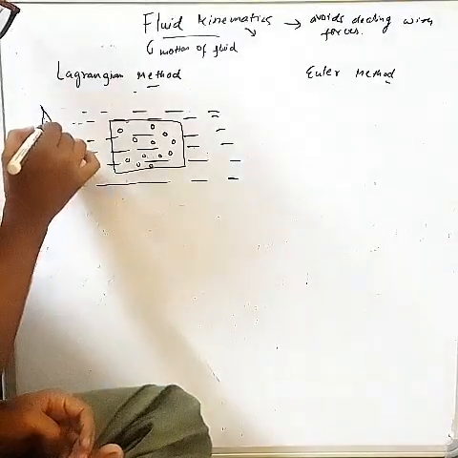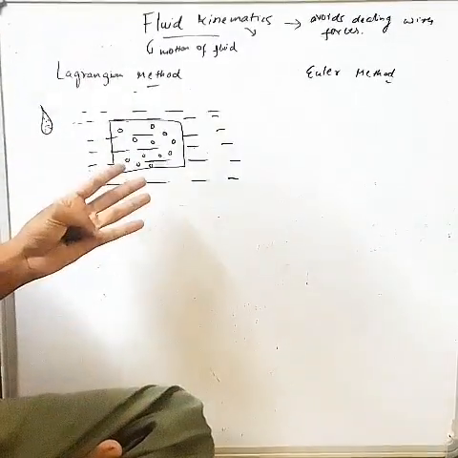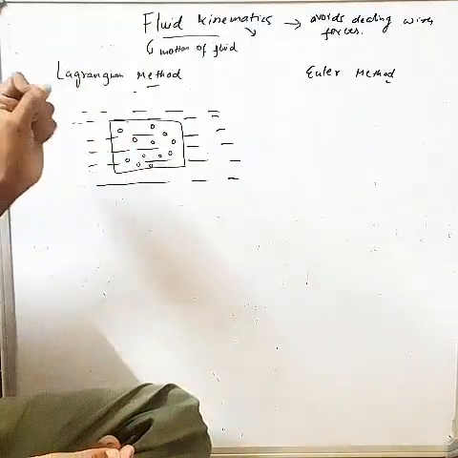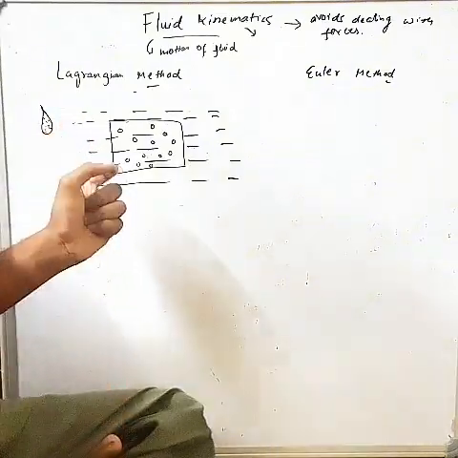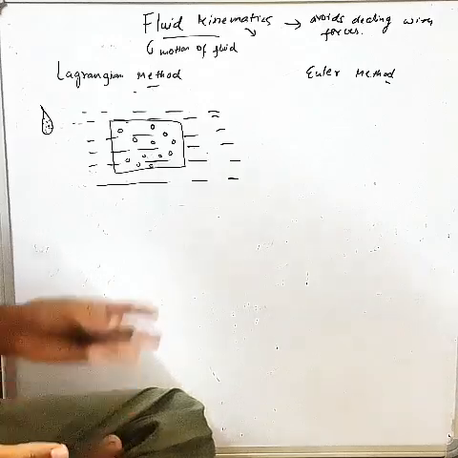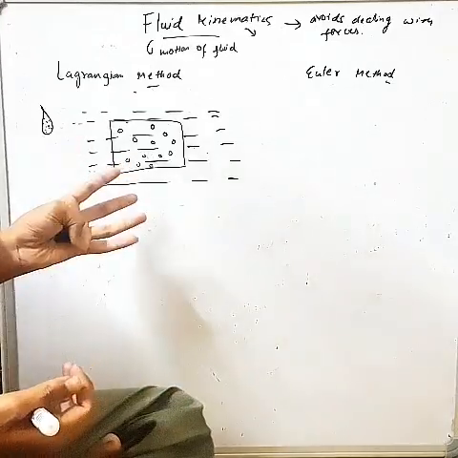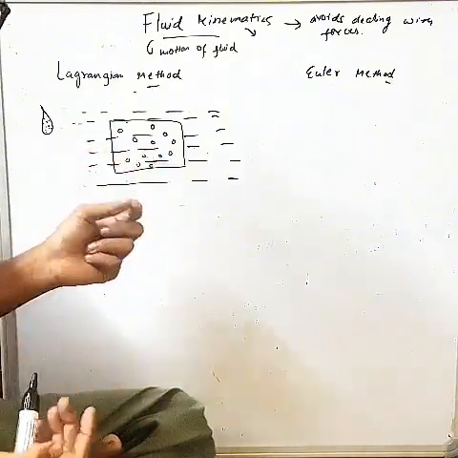The Lagrangian method says that we can calculate the position, velocity and acceleration of every particle. In reality it's not impossible, but it's really hectic. So it doesn't help much, but theoretically it's correct.